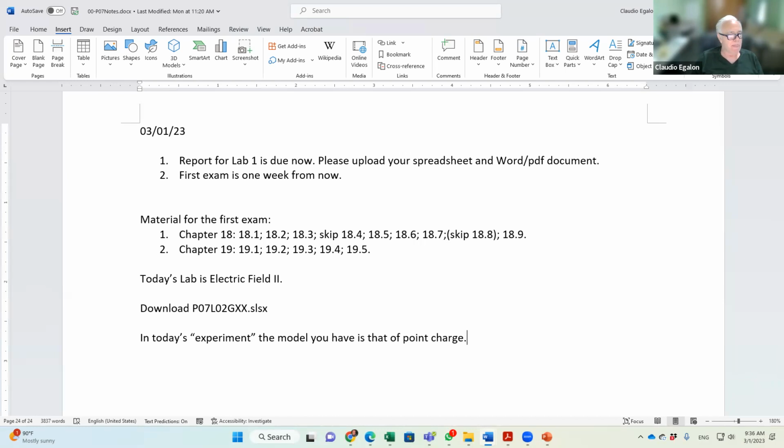As a first approximation, it is not exactly that of a point charge, but it's close enough. And I'm going to open one of those spreadsheets here.